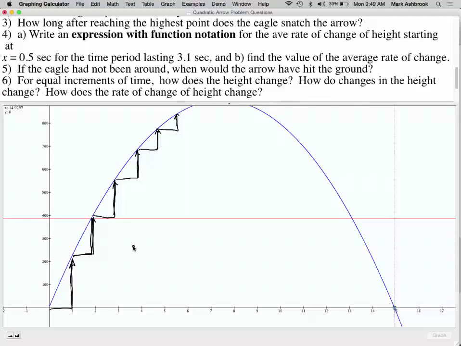Therefore, the rate of change is decreasing. It's always doing the same thing that the changes are doing. That's why we analyze the changes, because it tells us what the rate of change is doing. Is it also decreasing because it curved down? Yep, concave down, exactly.